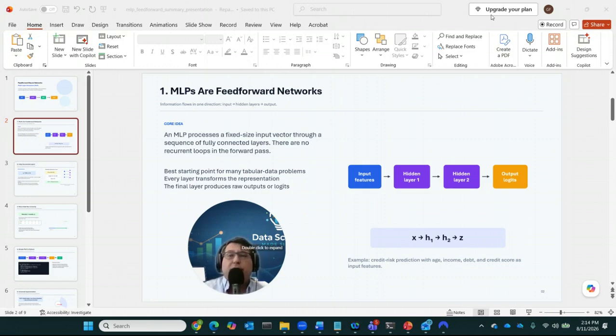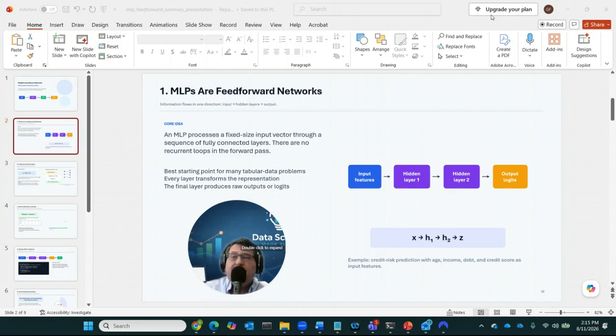An important feature of MLPs is that they usually expect a fixed size input vector. That's one reason they're commonly used as a starting point for tabular data. For example, if every customer is represented by 10 features, every input entering the network has the same position.